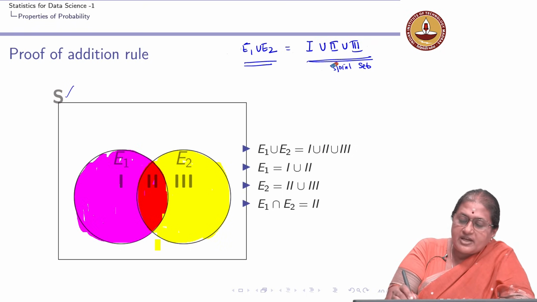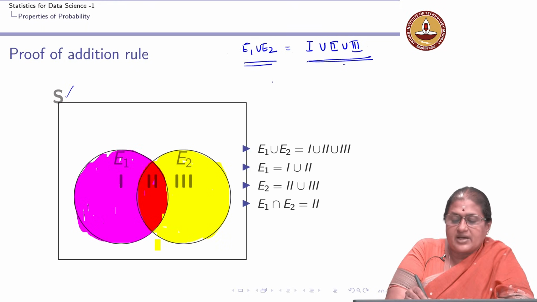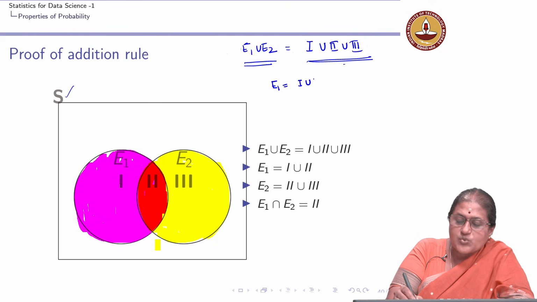Now, similarly, if I look at the same Venn diagram, I see that E1 can be represented as 1 union 2, E2 can be represented as 2 union 3, and the orange region, which is E1 intersection E2, is 2.